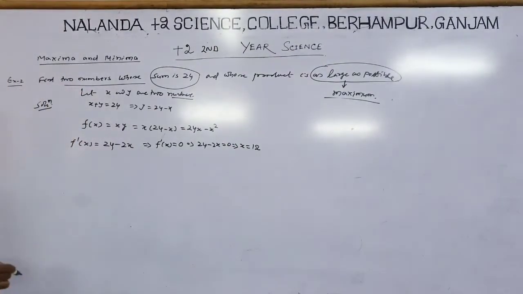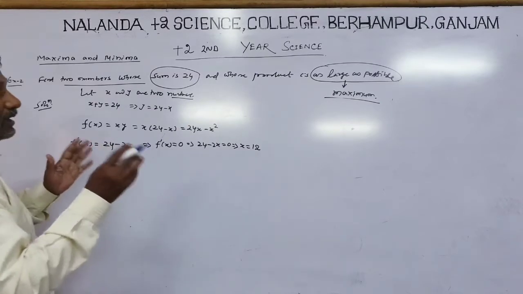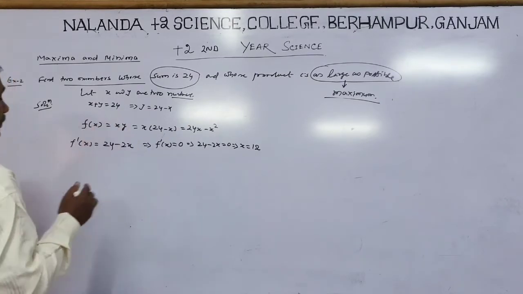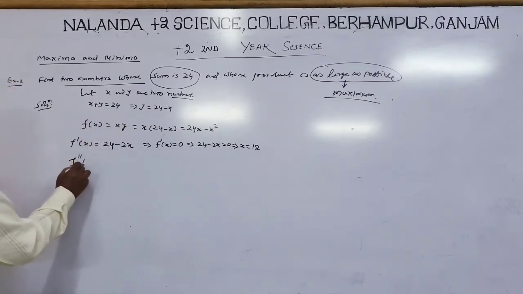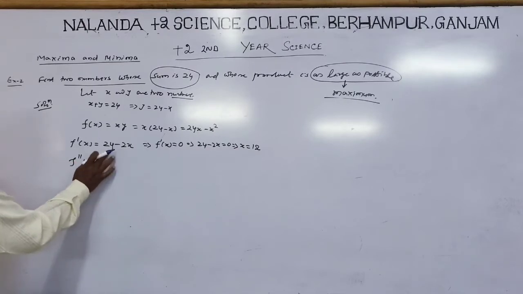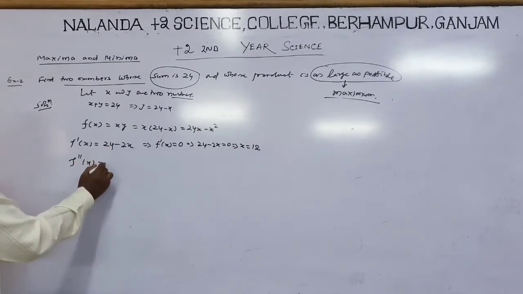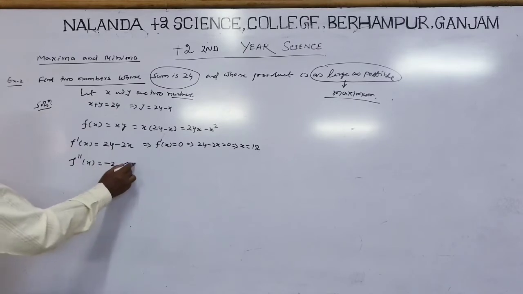x equal to 12. Then what is y? Find out. But the condition is maximum. What is f double dash x? The derivative of a constant is 0, the derivative of x is 1, so minus 2, which is less than 0, negative.